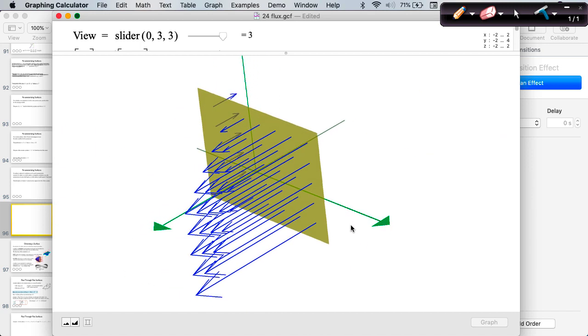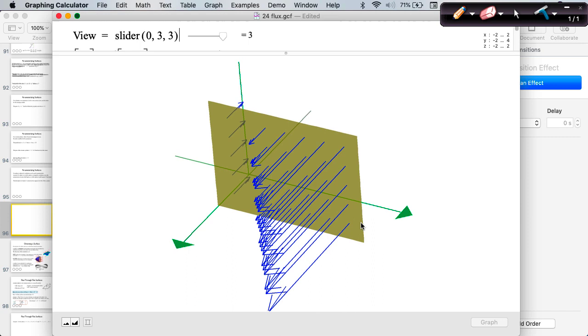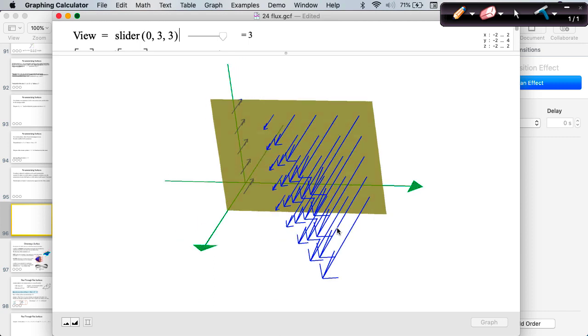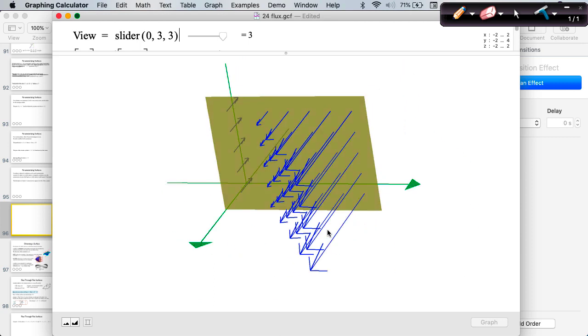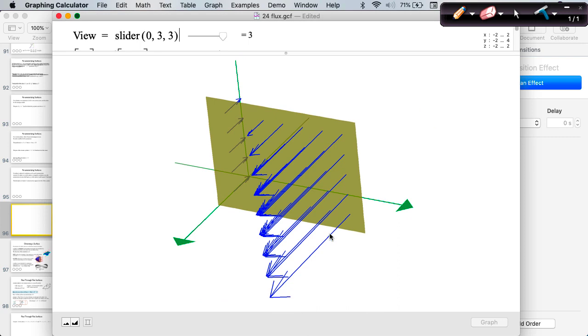See that? So we're expecting our answer here to be positive. If we make the orientation of the surface in the positive x direction, we expect positive flux. So this is what I just showed you, the idea of what's going on when we calculate a flux integral. Does that make sense?